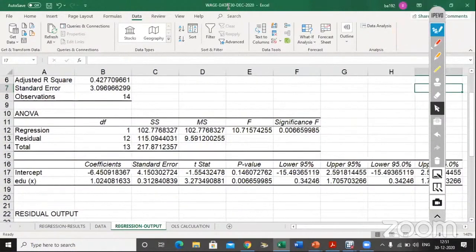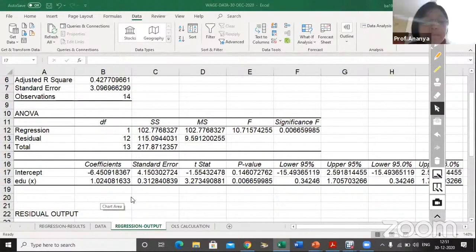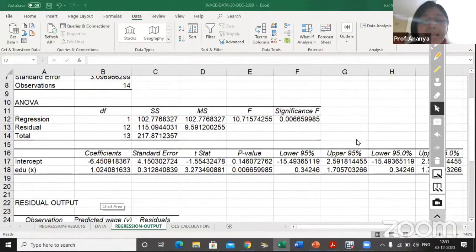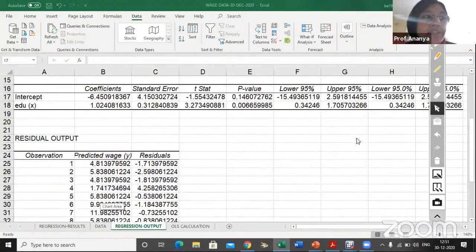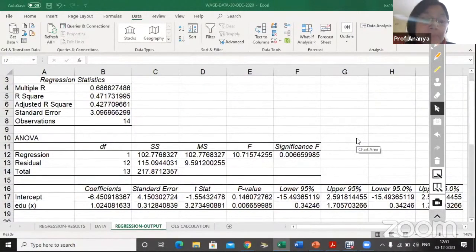Yes, sure. Ma'am, there's a question by Arabita: what is alpha and what does it indicate? Alpha is nothing but the intercept. You have y and you have x, where y is the dependent variable on the y-axis and x is the explanatory variable on the x-axis.